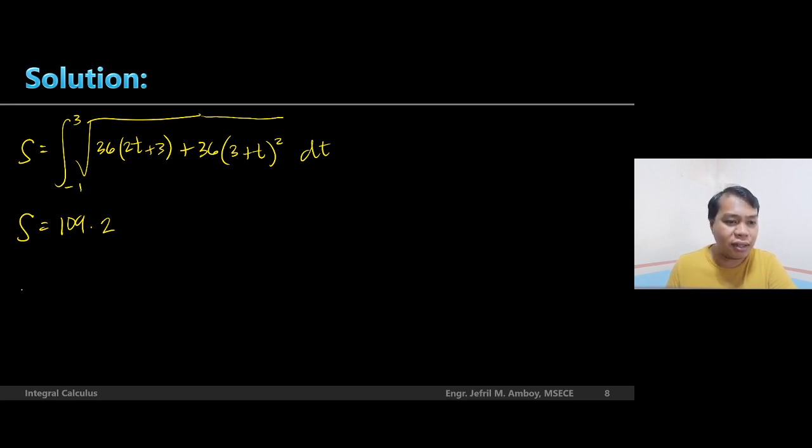So, ang gagawin natin is S equals, common factor ang 36, square root ng 36 is 6. So, 6 times integral of, ano na lang ang matitira sa square root? Eh di yung 2t plus 3 plus, ito expand na lang natin.